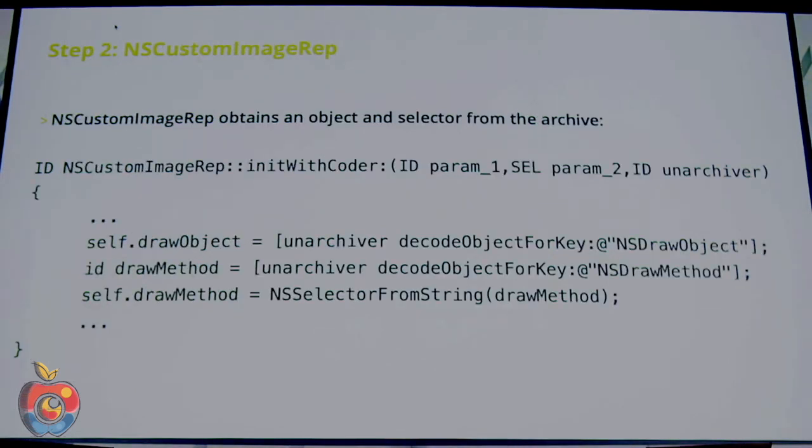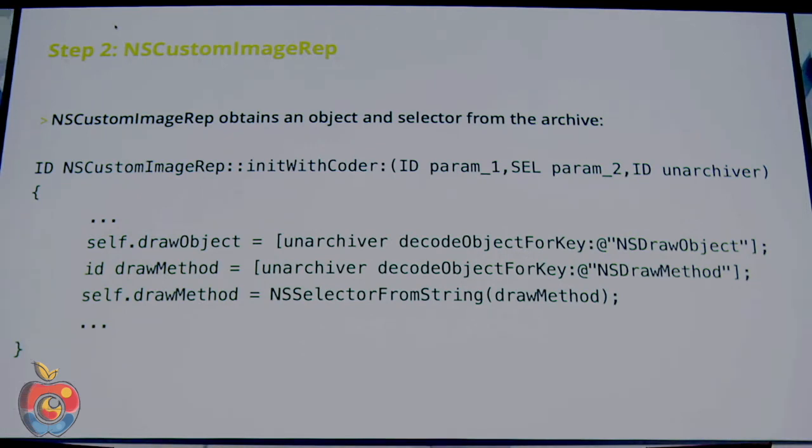Then as a second step, I used NSCustomImageRep. When this object is deserialized, it decodes two things from the archive: a draw method, which is a selector, like a function pointer for an Objective-C method, and an object. It wouldn't use those yet at this point.